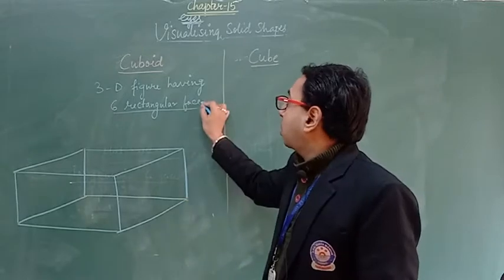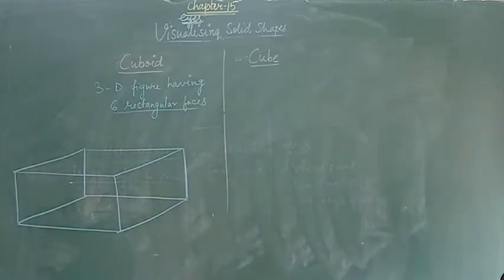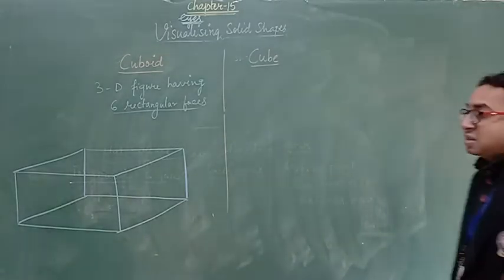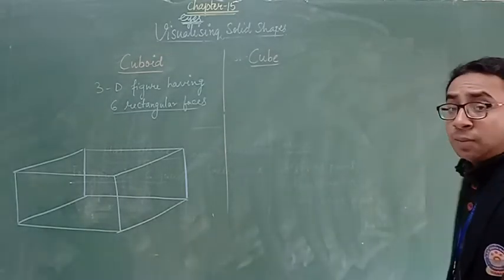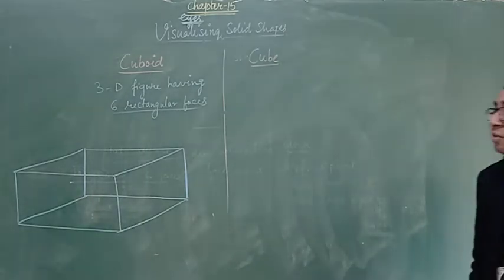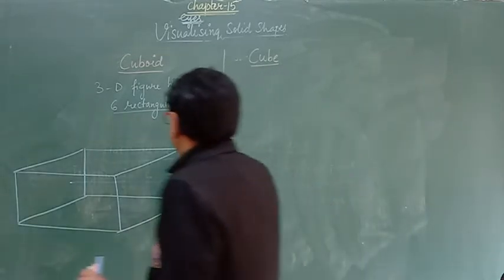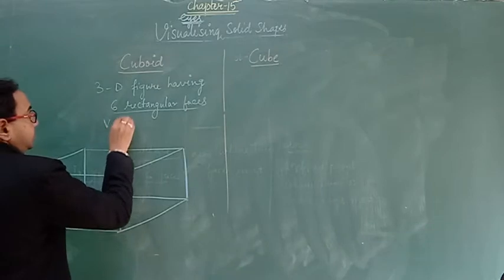Because whenever I talk about a cuboid, do remember, it has 6 rectangular faces. I'll prove it in front of you, don't worry, why we conclude that it has 6 rectangular faces. Are we clear? Now let's observe the vertices then.